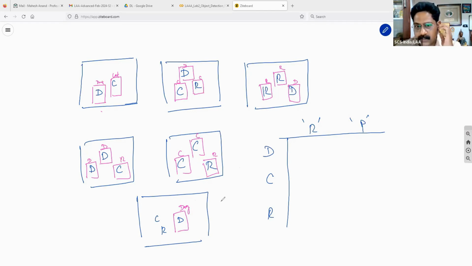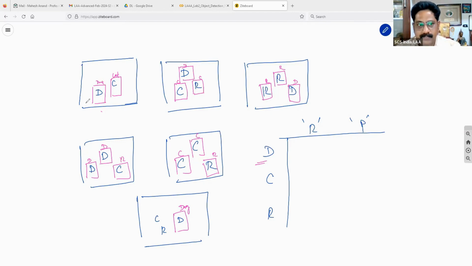Now let us work out the recall and precision score for each case. Whichever the image is, first we'll work out for the dog. Across all the validation records, are all the dogs correctly predicted as dog?